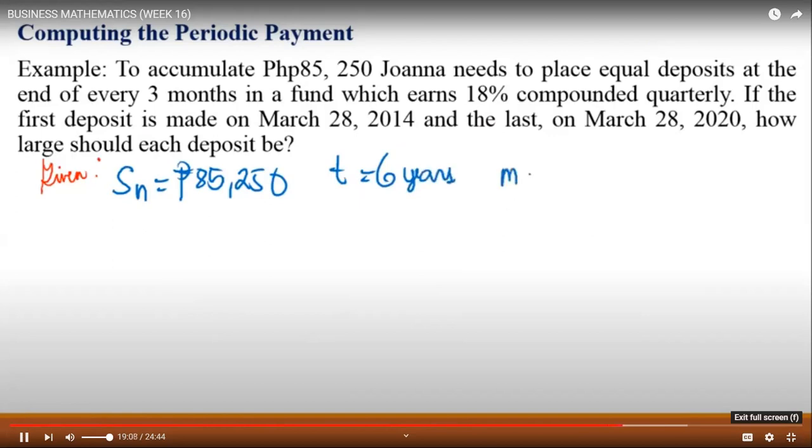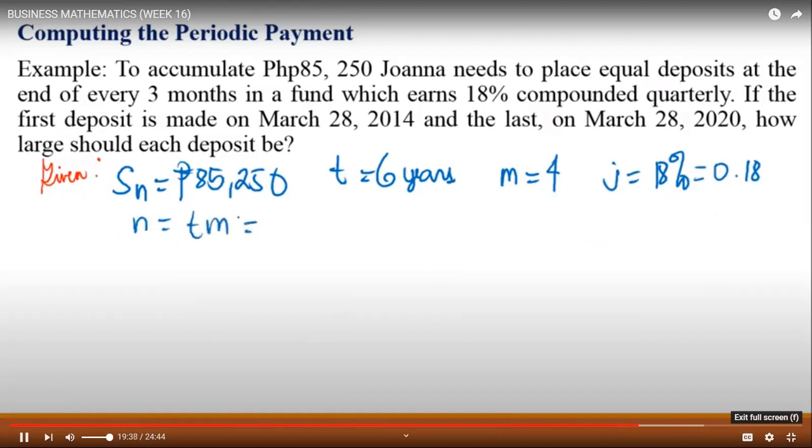And then the number of conversions per year is 4. Bakit 4? Kasi it is compounded quarterly. And then the nominal interest rate of 18%, or this is 0.18. So always convert the interest into decimal. And then the number of payments in the annuity is the product of time and conversions, plus one.